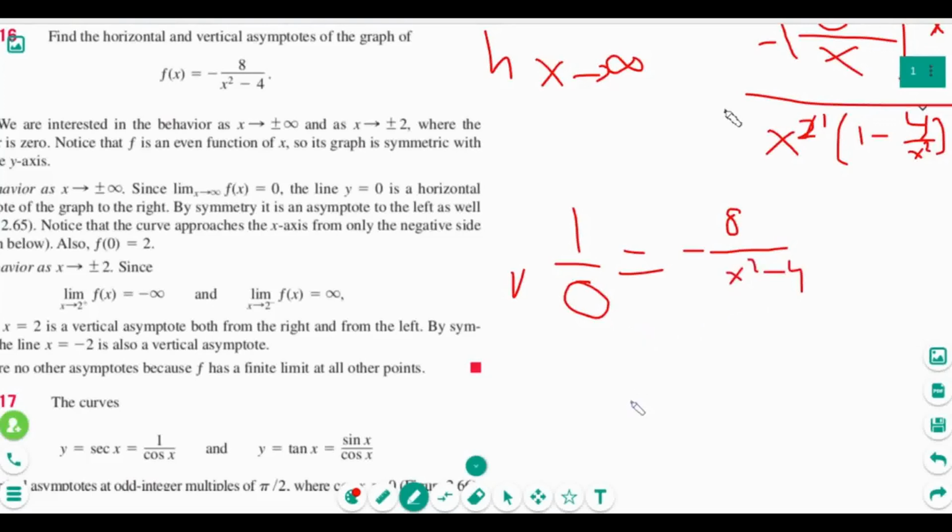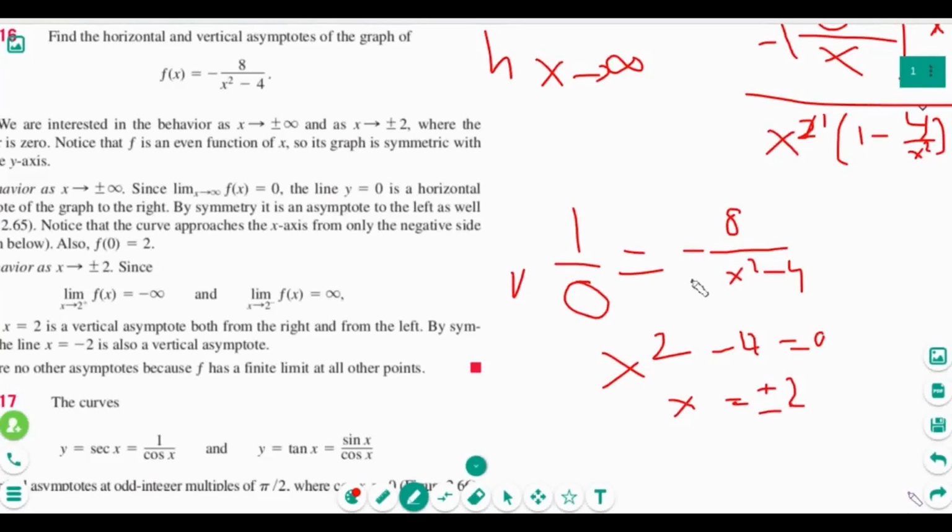So x square minus 4 is 0, x is equal to plus or minus 2. Which one do you take? You take both. Yes, if the value of x is coming, we take both, why not?